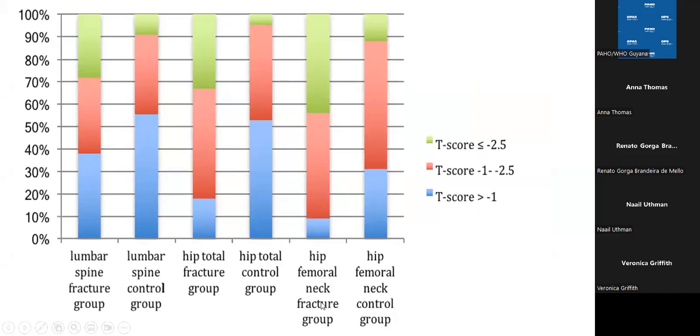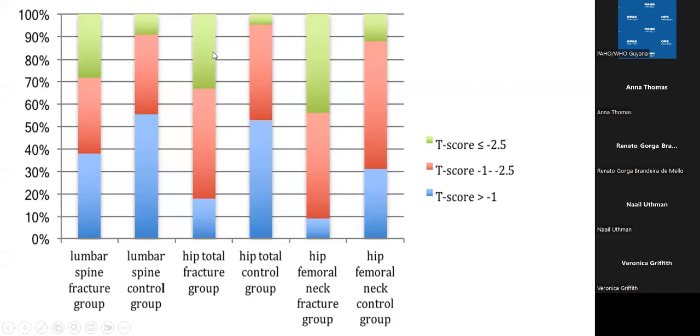Yes, the prevalence of osteoporosis is higher among fracture patients when compared to a control group. Here is the prevalence of osteoporosis in patients with total hip fracture. And here is the prevalence of osteoporosis and low bone density in patients without a fracture.